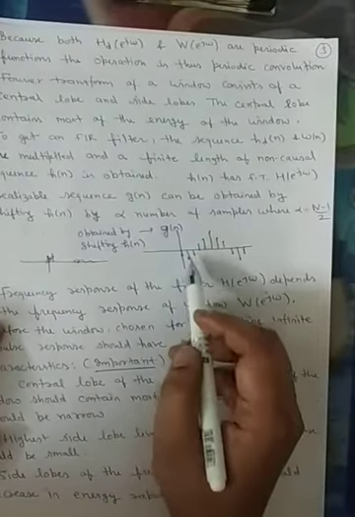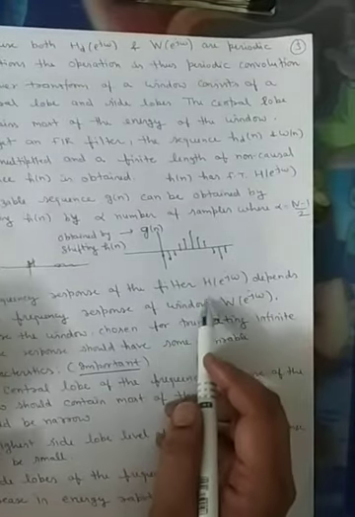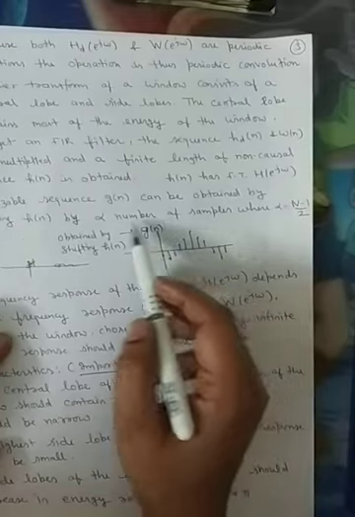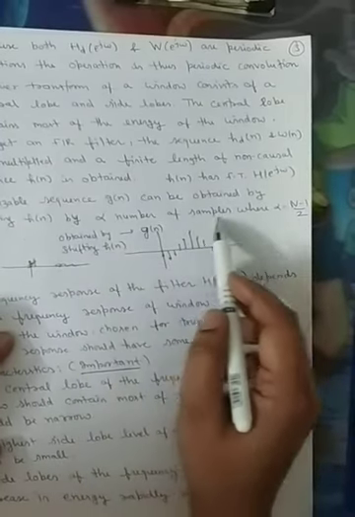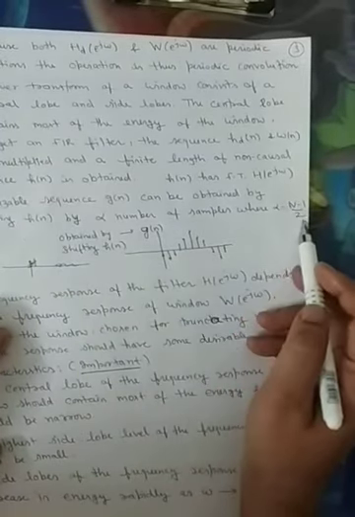This is how it looks after shifting. So you have to shift h(n) by alpha number of samples, where alpha is (N minus 1)/2.